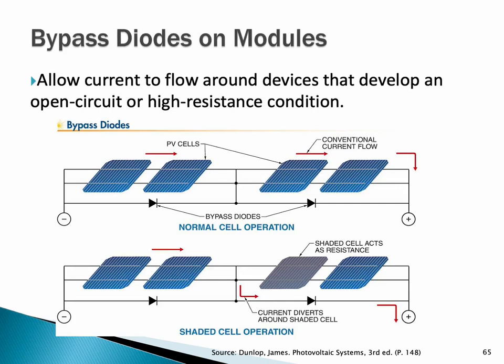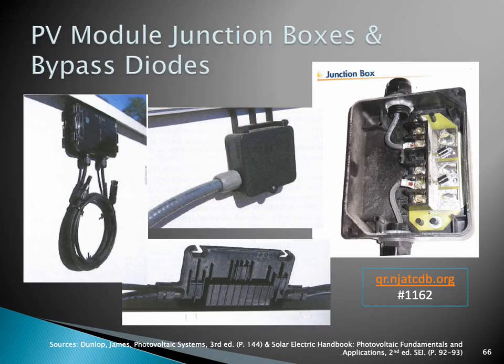These bypass diodes can malfunction from time to time. Now we have to take that module out of service and replace it. How often does that happen? I don't know. I've only seen it once or twice. It's not common to me, but on big systems, this may be a couple a year. On the back of modules, we have junction boxes.